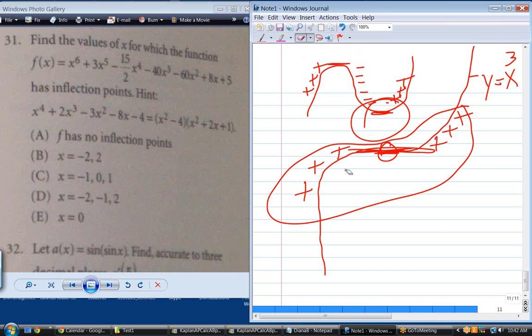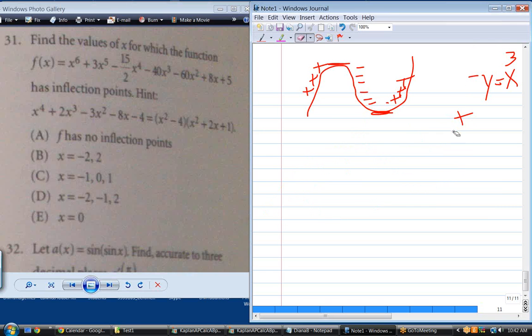Well, there's a similar thing for the inflection points. In other words, if I want to find the inflection point right there, I take the second derivative of this function, set it equal to 0, and that is a possible inflection point.